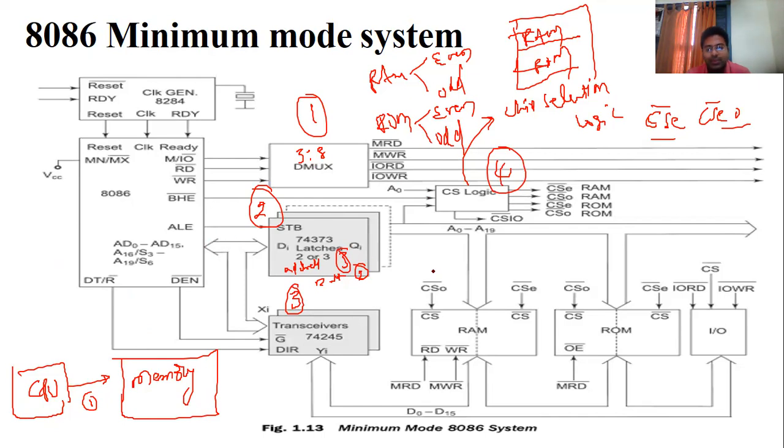These are the memory: RAM and ROM are the memory. These are the input output devices. Whenever IO by M bar is equal to 1 or M by IO bar is equal to 1, then only the microprocessor is connected to the RAM and ROM, otherwise it is connected to the input output device.